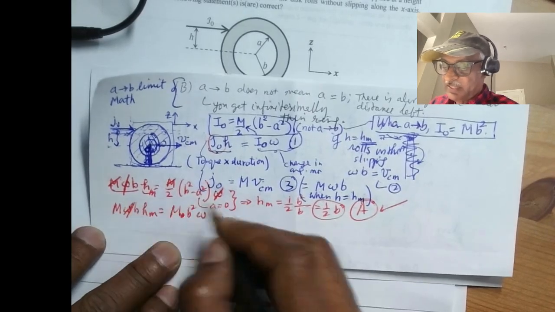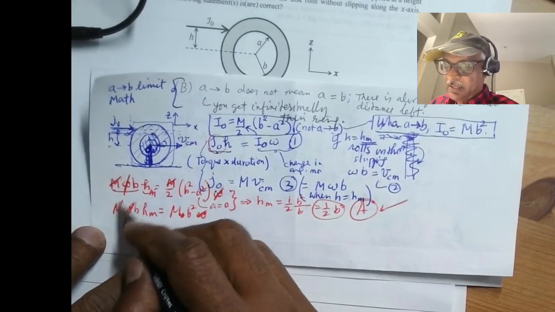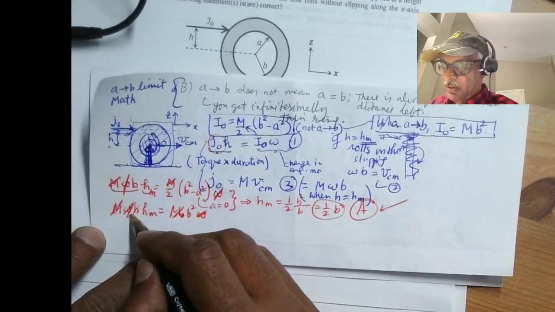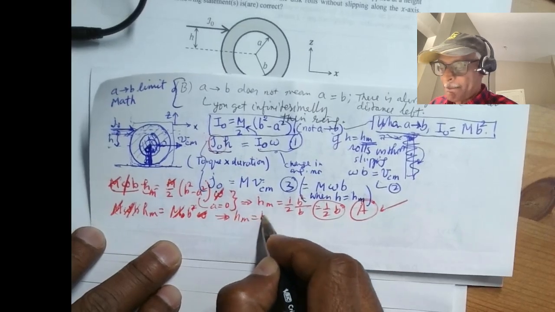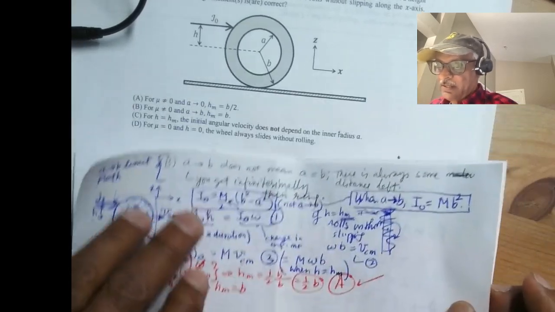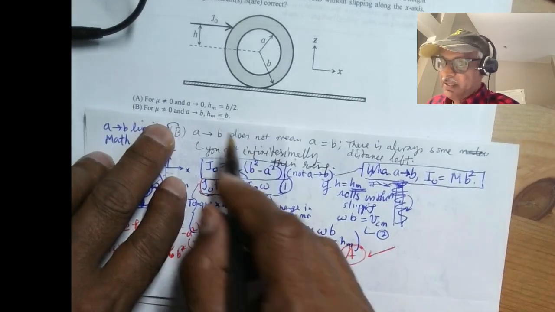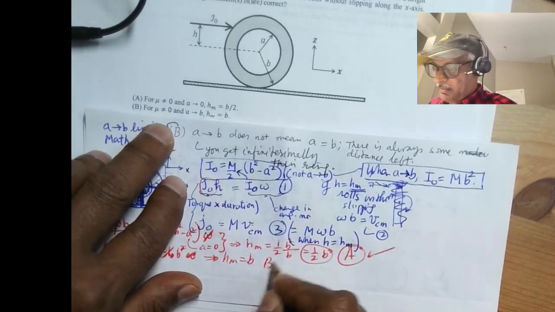Of course omega cancels out from both sides, m cancels out, one of the b cancels out, so hm is going to be b in this case. So testing B, I got B correct. B is correct also.